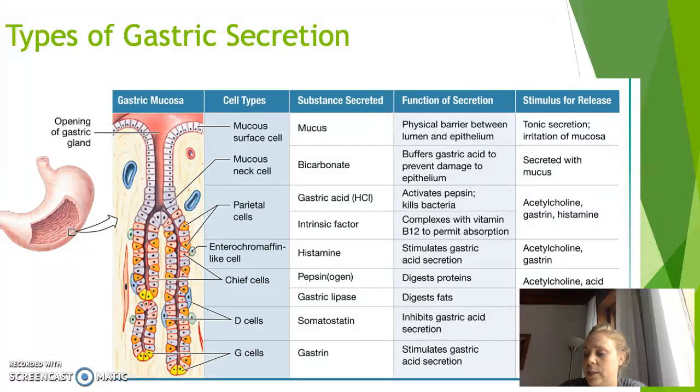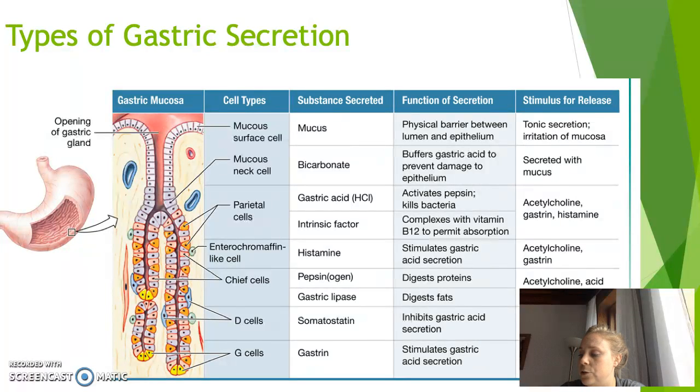The mucus surface cells release mucus and bicarbonate, which form a physical barrier and a buffer for gastric acid to prevent damage to the epithelium. The parietal cells release gastric acid, which kills bacteria, and intrinsic factor, which helps permit absorption. The enterochromaffin-like cell secretes histamine, which stimulates further gastric acid secretion.